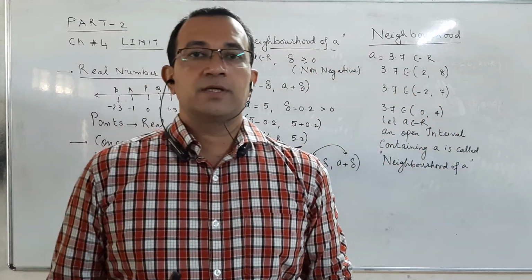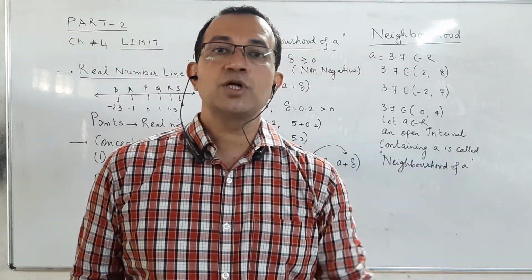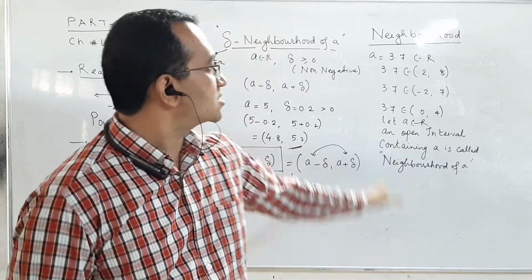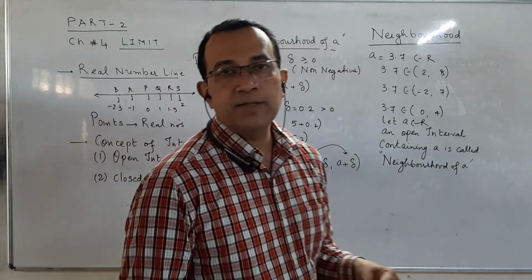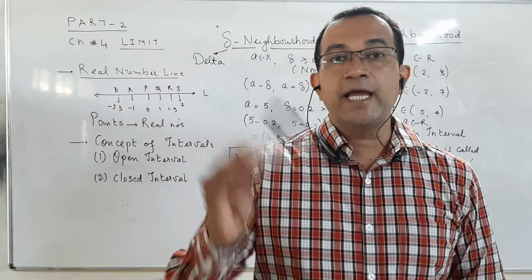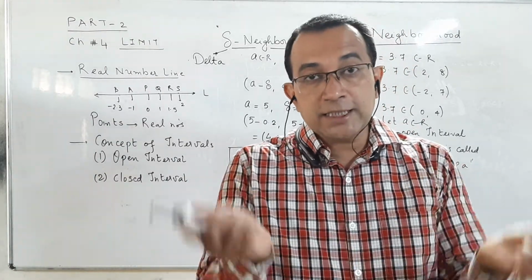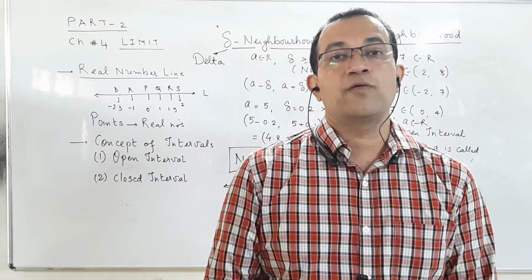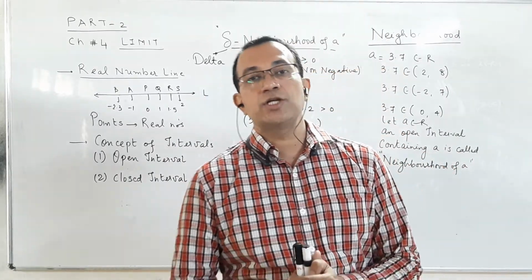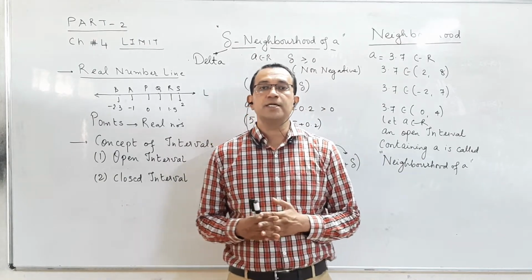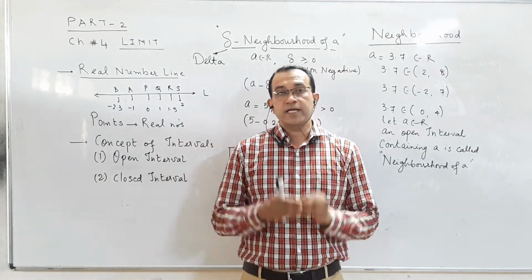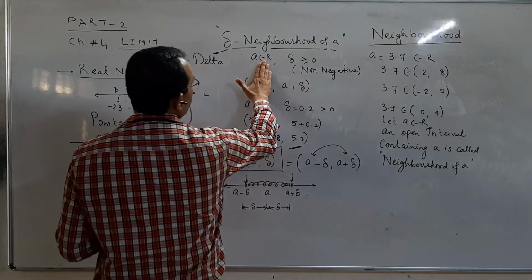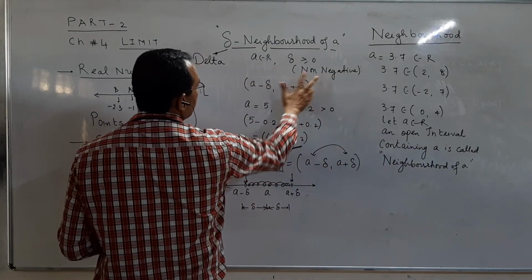So, students, let us revise the two definitions of neighborhood. First is only neighborhood. Let A be any real number. Then any open interval containing A is called a neighborhood of A. According to the definition, a neighborhood is always an open interval. Second, define delta neighborhood of A. Let A be any real number, delta be a non-negative real number.